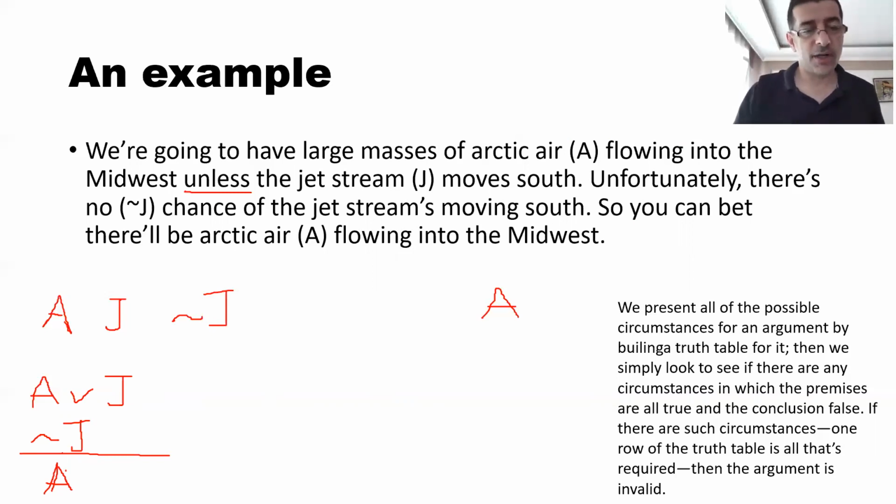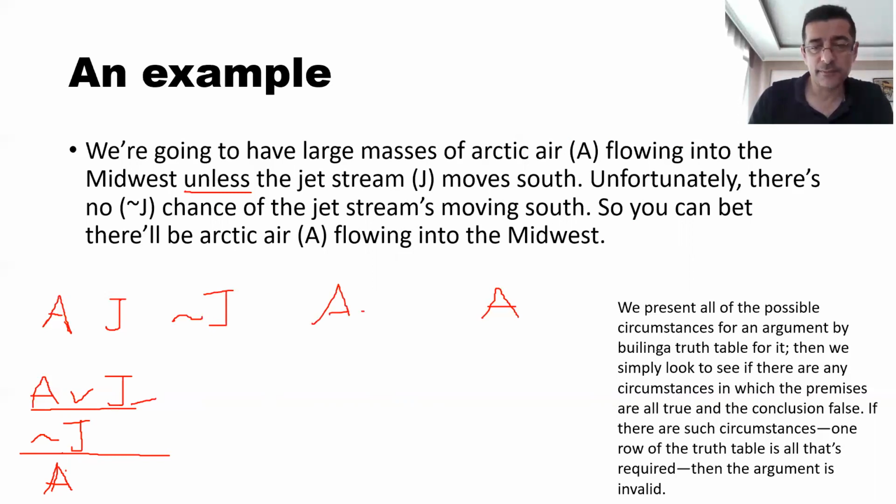A and J are my reference column, so I'm just going to write them down. I've written here not J, so all I need to do is put it here. So I just write A or J. Okay, so now I'll just drop this part off.